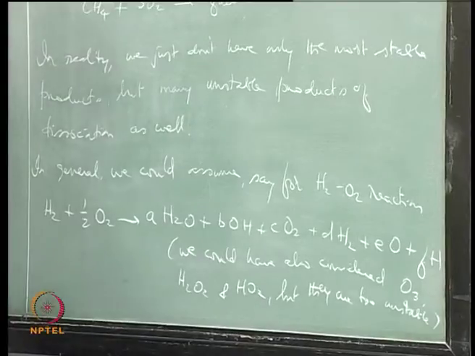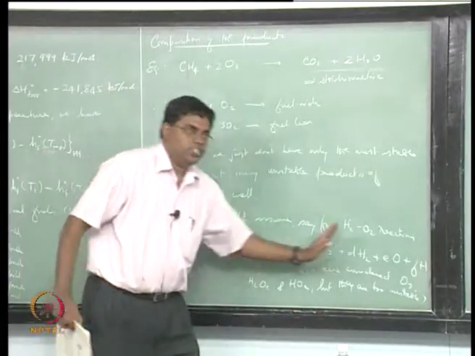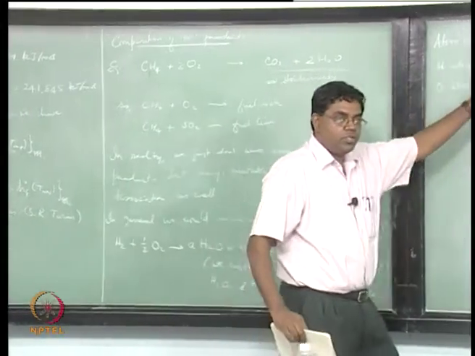If we were to consider them, that means we will have 9 species, and then we are still stuck with only 2 atom conservation equations.